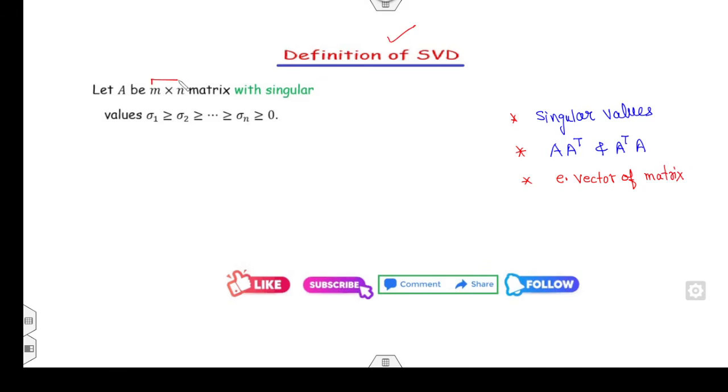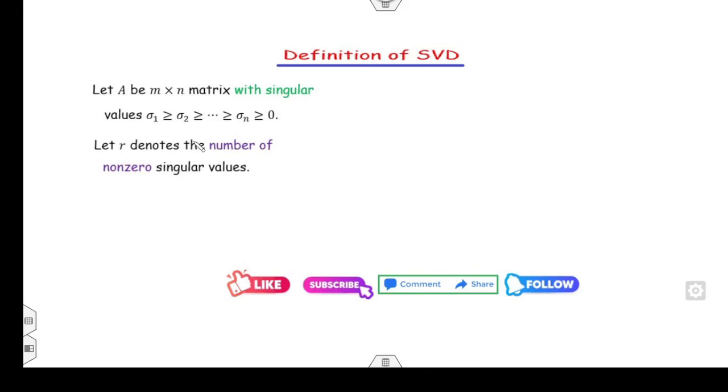If A is an m cross n matrix with singular values sigma 1, sigma 2, up to sigma n greater than 0, then we can define R as the number of non-zero singular values. Or you can say R is the rank of the matrix A.